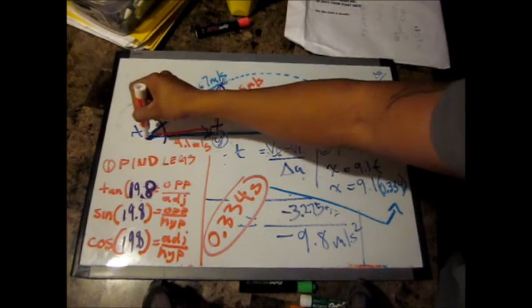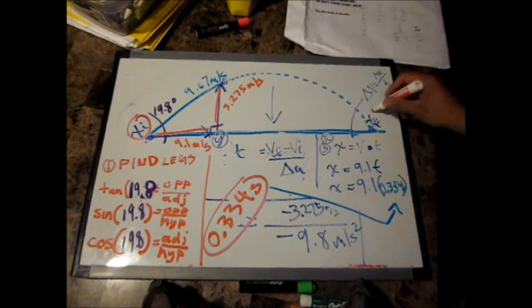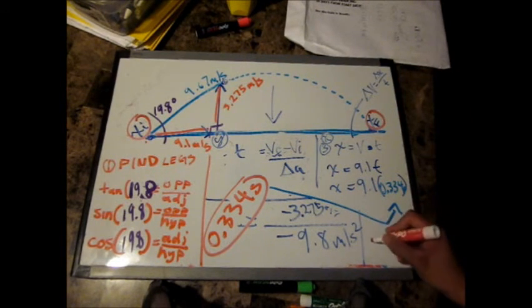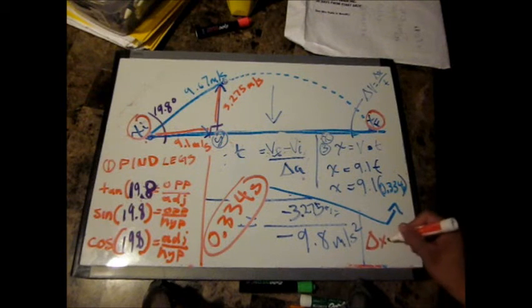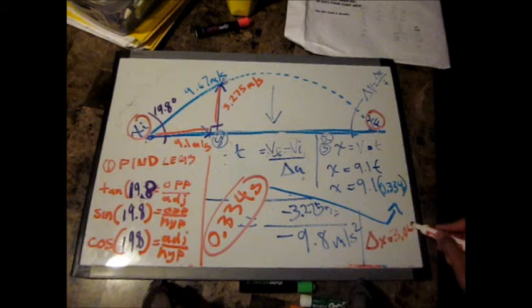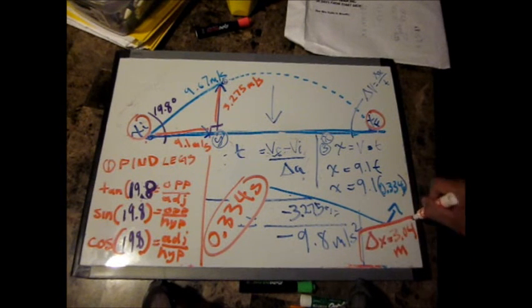So our displacement right here, this and this, change of x, equals 3.04 meters. And that's the first part of our equation.